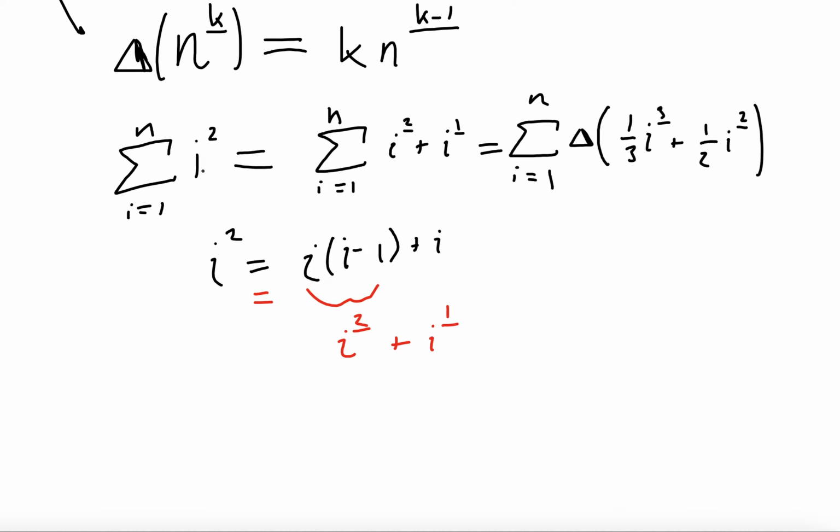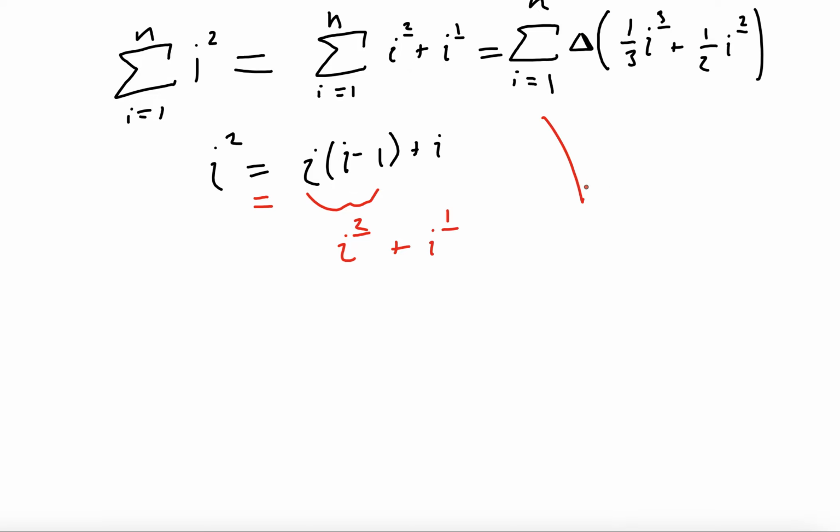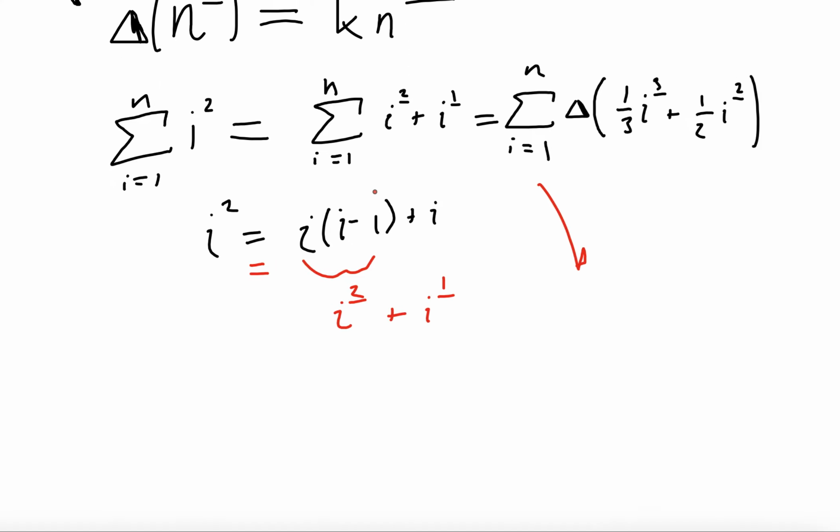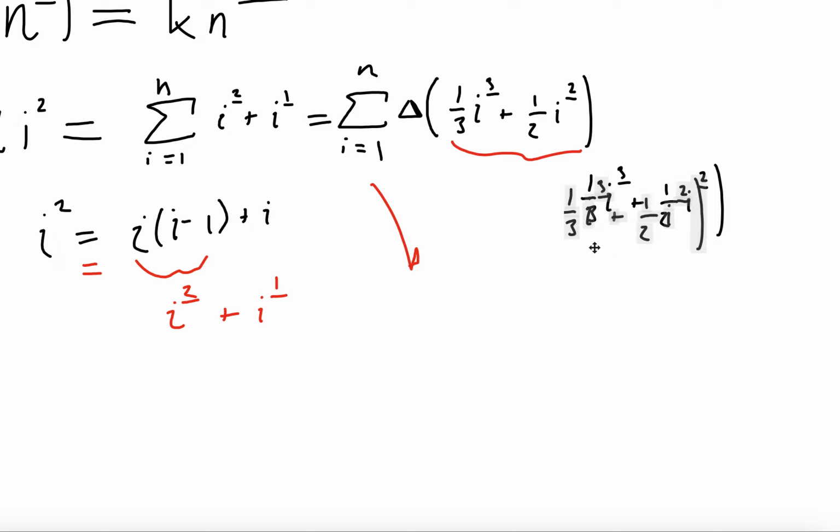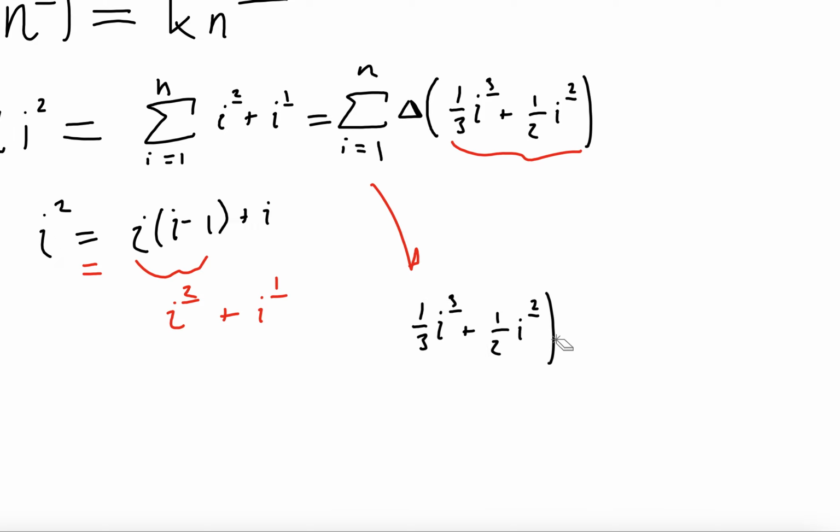So the sum of i squared can be reimagined as the sum of the delta of this expression here. What we do from here is use the fundamental theorem of discrete calculus, which tells us that the answer to the sum is simply this inside expression, which I'm going to reproduce below, evaluated from the lower bound 1 to the upper bound n plus 1.